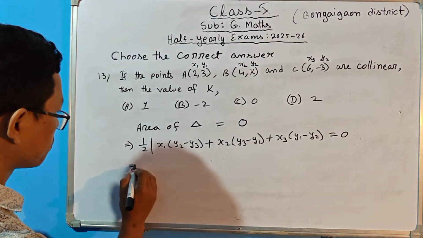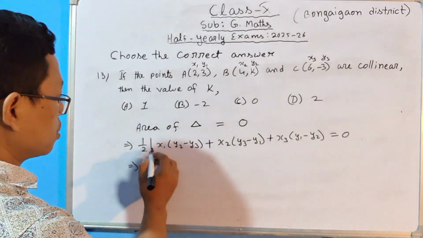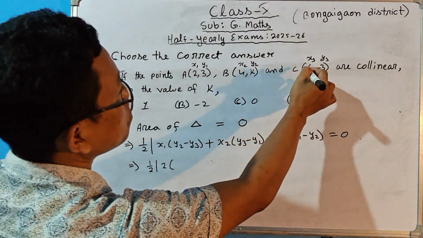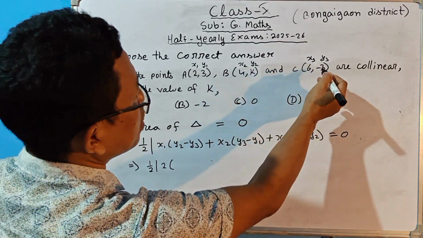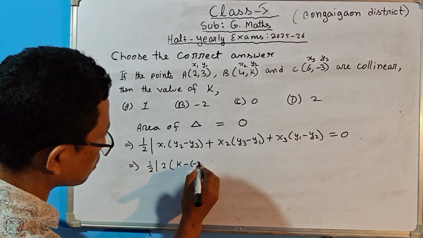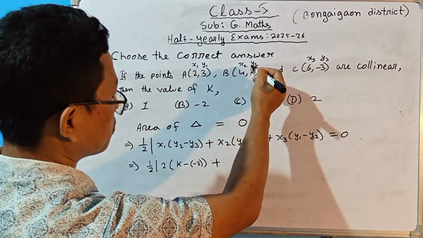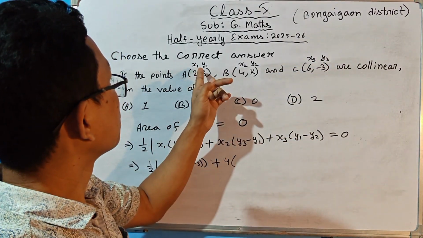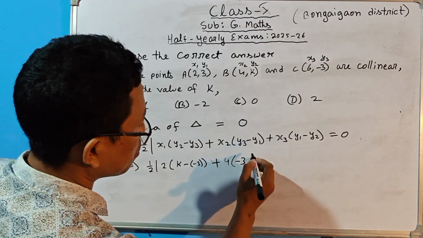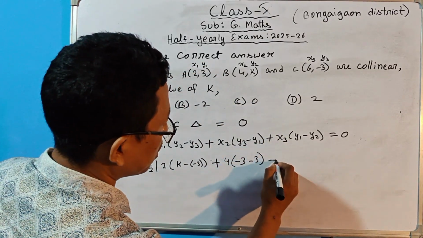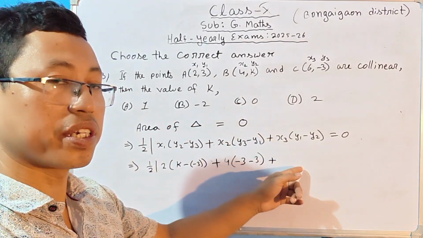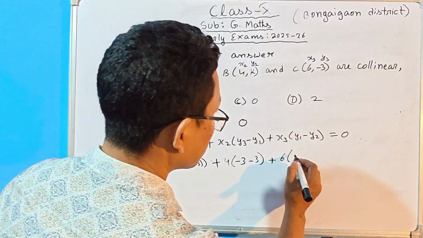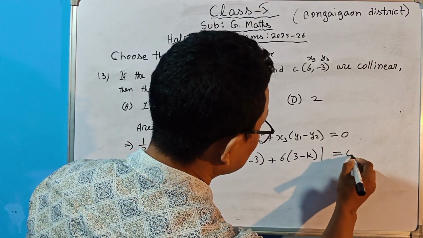So now on placing the values, 1 by 2, x1 is 2, then y2 we have k minus minus 3, plus x2 is 4, then y3 minus 3 minus y1 which is 3, plus x3 we have 6, and y1 is 3 and y2 is k, so 3 minus k equals to 0.